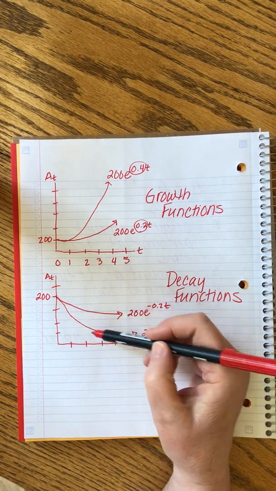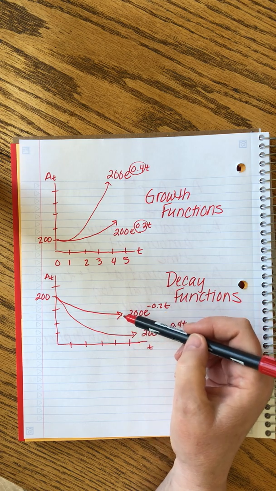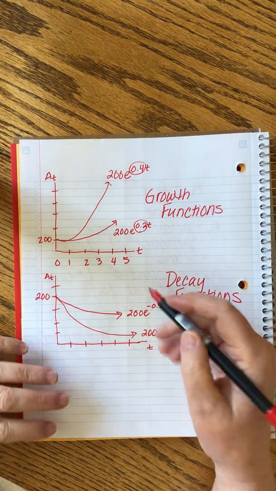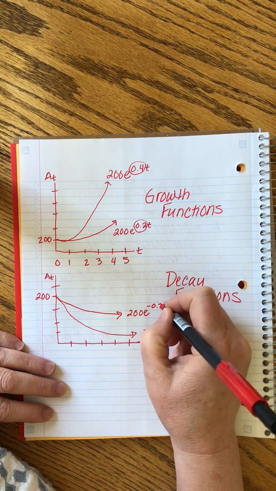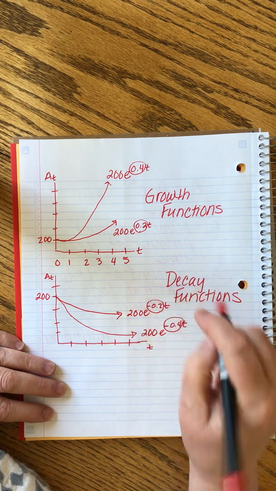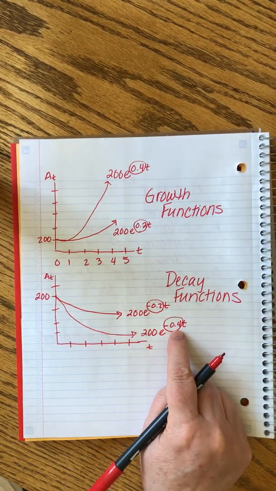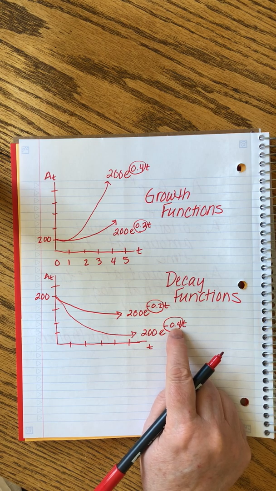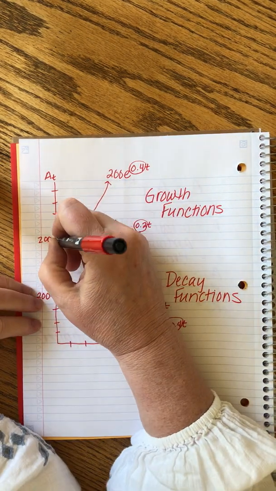this graph goes down faster than this one, and we don't measure it by the number here, but the absolute value of this curve is greater, right? Because the absolute value is 0.4. It goes down faster because the absolute value of this number is higher. So here we had positive numbers.